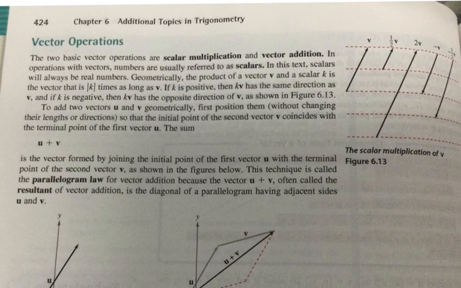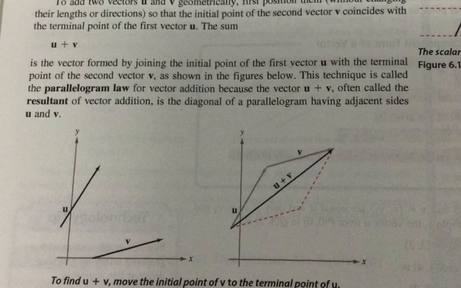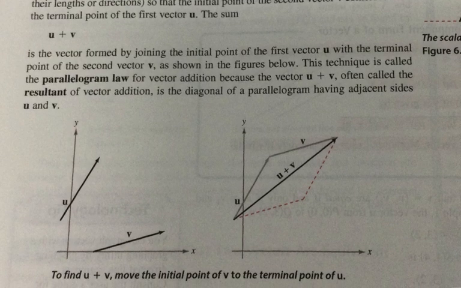The other thing we can do is vector addition, which we're going to talk about. So if we add two vectors, if you think about it graphically, we're going to line the vectors up nose to tail. So if we do u plus v, I'm going to take vector u, and it's going to stay where it was. So right here is vector u.